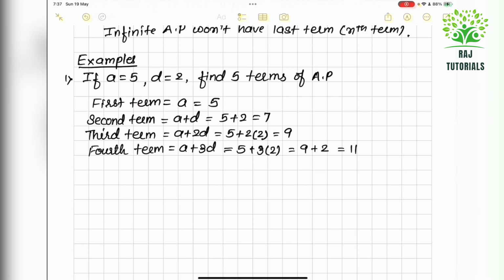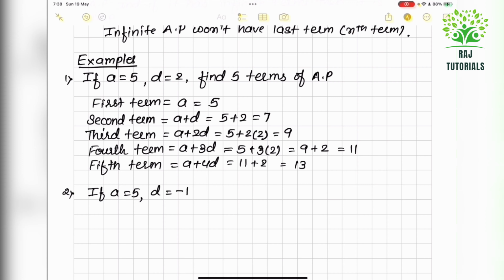So both the ways I can show the next term. And fifth term will be A plus 4D. So can I say 11 plus 2, so 13. So both the ways I can write the next term. Then second example, if A equal to 5. Now see, D is not always positive, it can be negative also.